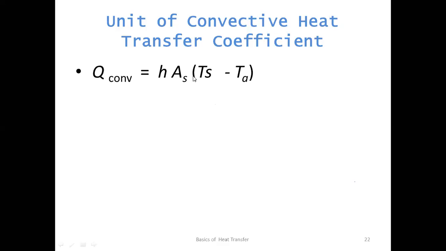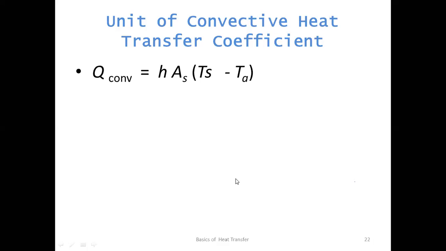If you shift this Q here, then this will go to the denominator side. Then what will be the formula for thermal resistance for convection?